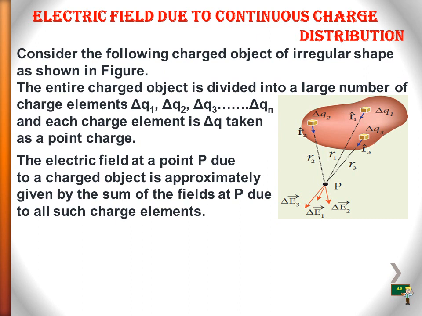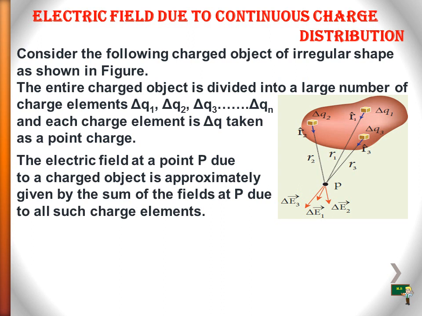The charge is distributed continuously on the charged bodies. It is very difficult to look at individual charges in these charged bodies. It's not possible for us to look at the individual Q1, Q2, Q3. So let us consider the following charged object of an irregular shape, which is shown in the figure.